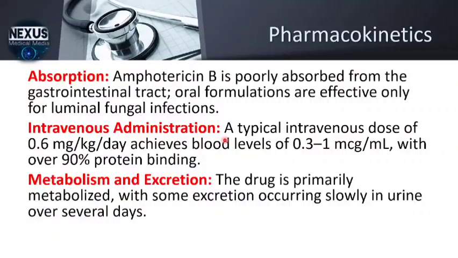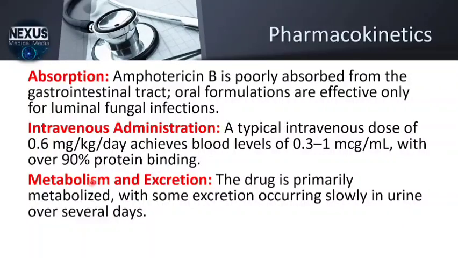A typical IV dose of around 0.6 milligram per kg per day will achieve a blood level of about 0.3 to 1 micrograms per ml with over 90% protein binding, right? So this drug is highly protein bound. This is just an example. If you use 0.6, only this amount will be absorbed, right?